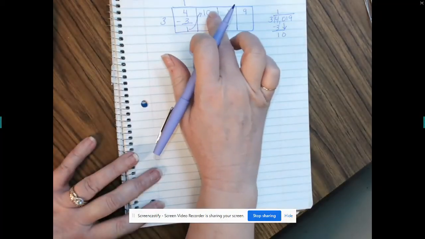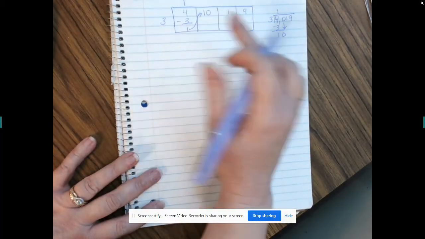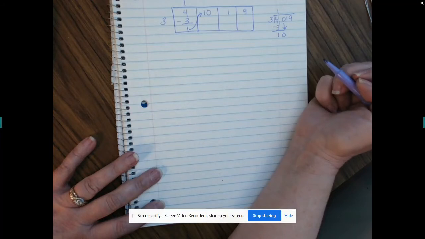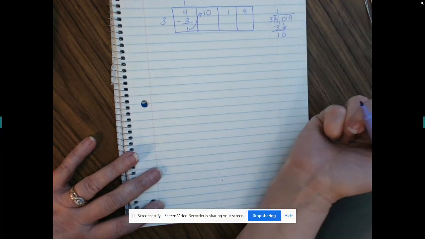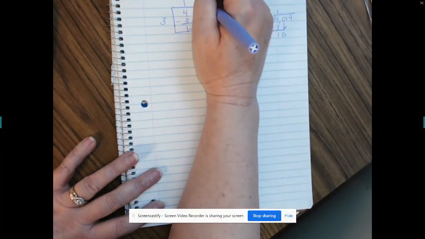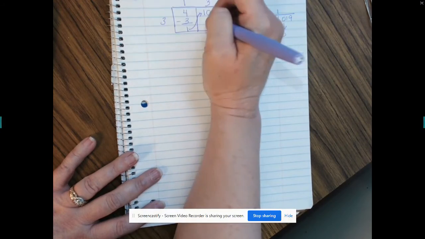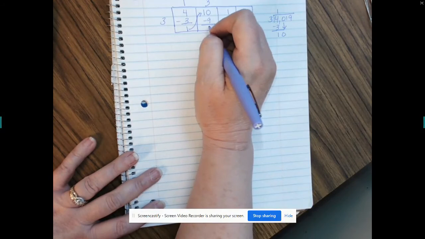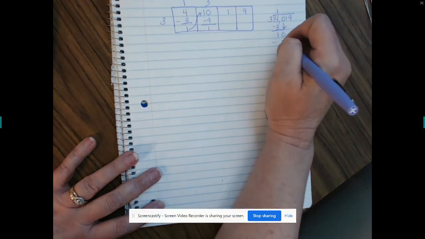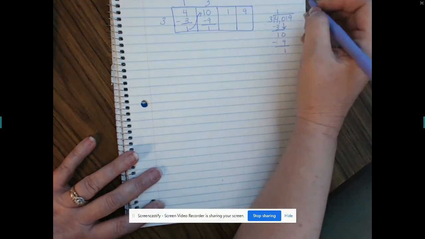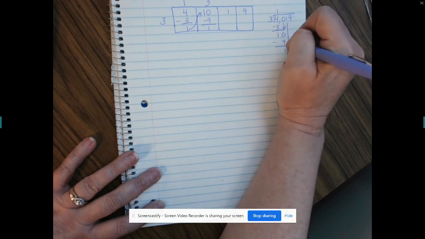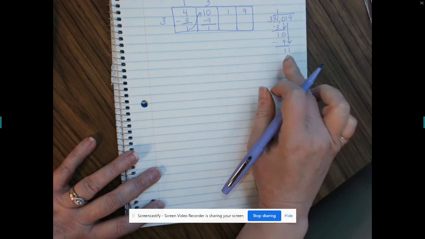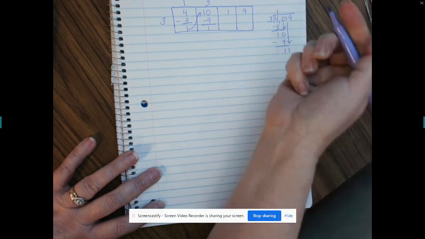So now I'm going to divide 10 by 3, which is exactly what you do over here, 10 divided by 3. And I have 3 groups. 3 times 3 is 9. And I subtract 9, so 10 minus 9 is 1. And in the traditional algorithm, I would bring down that 1 to show that I have 11 tens.